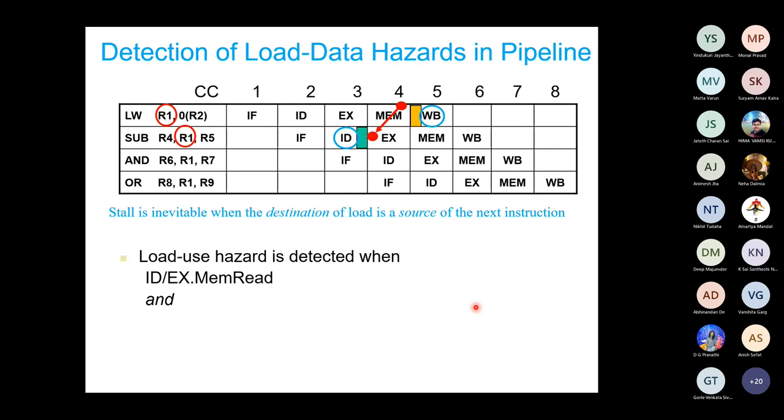First of all, we need to recognize whether it is a load instruction. That means first of all, I need to know whether there is a memory read request. So the IDEX memory read line should be enabled, right?